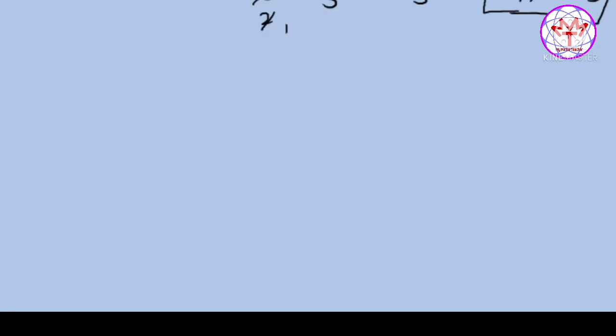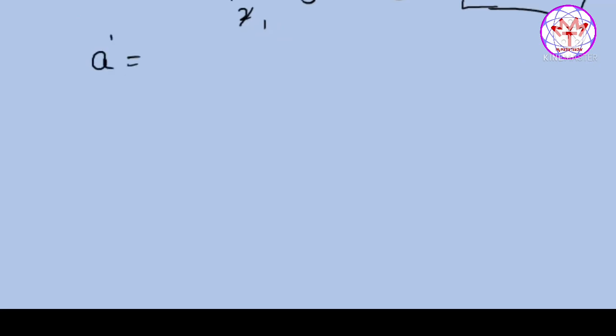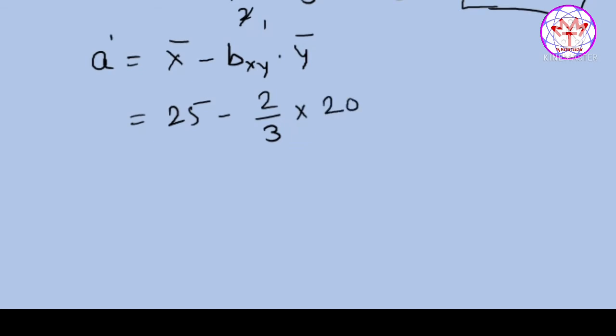Now we'll find a dash. a dash is equal to x bar minus bxy into y bar. Let's substitute the values. x bar is 25 minus bxy we have got 2 upon 3 into y bar. y bar is 20.